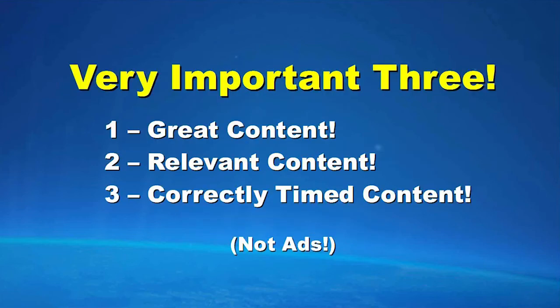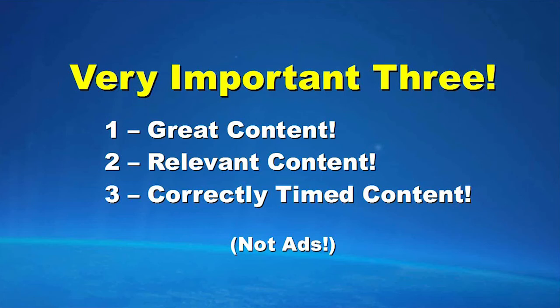Okay? So there are 3 very important things that you can do to build the relationship. Content is king. You've heard that for years and years in regards to the internet, and that is true, more true today than it was before.